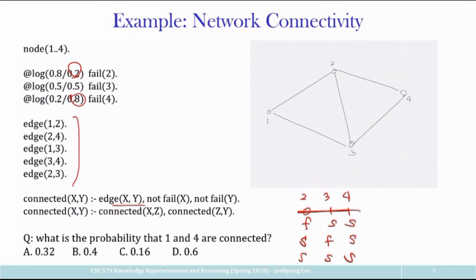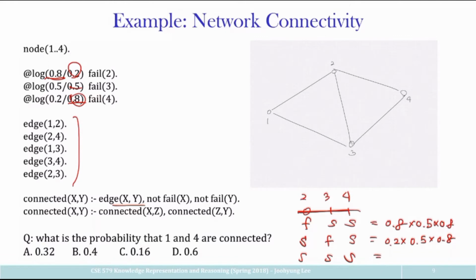So what is the probability that you get node 2 fail and 3 and 4 successful? That's 0.8 because that's the failure rate, and success is 0.5 times 0.8. For the second case, node 2 should be success, so that's 0.2, then fail, that's 0.5, and same as before, 0.8.